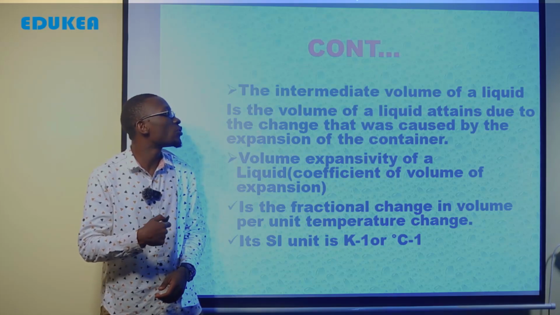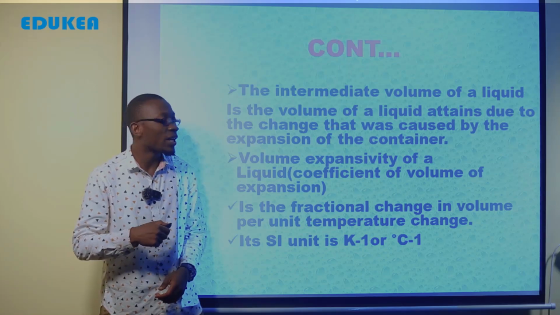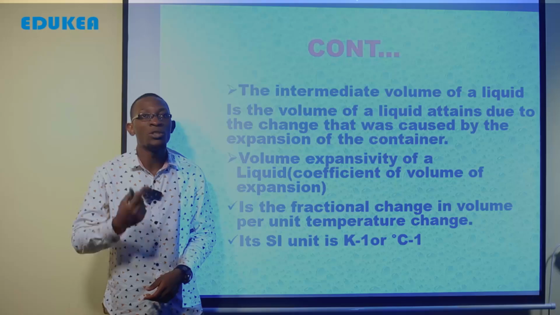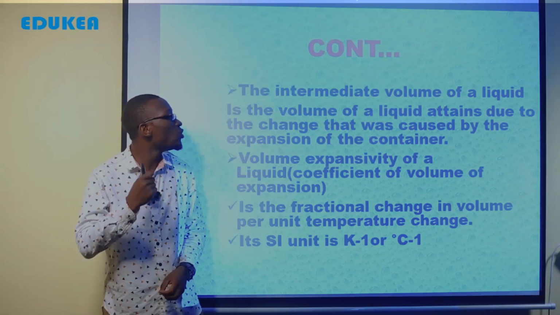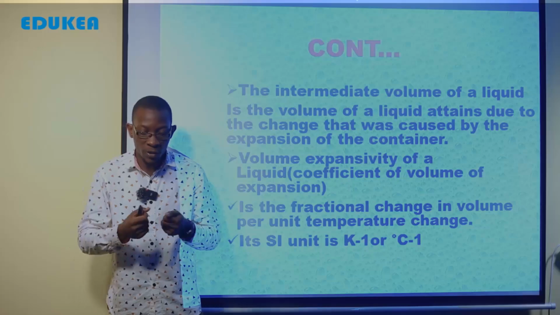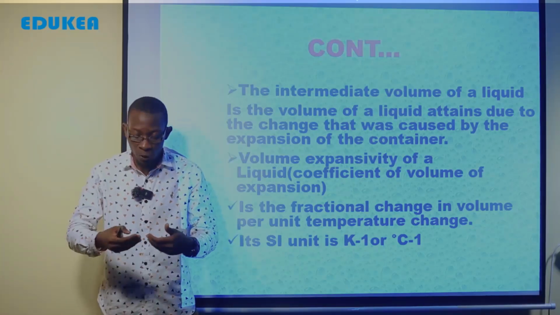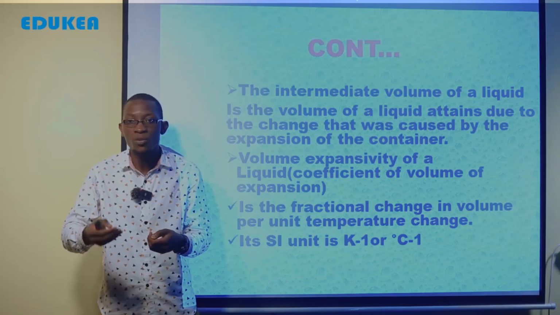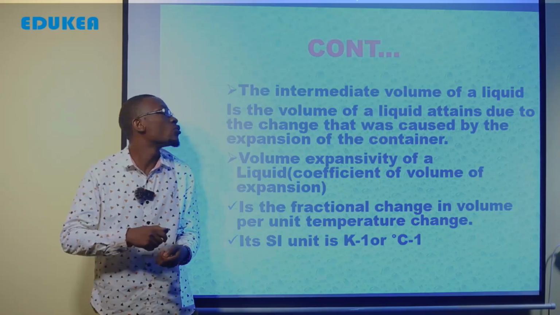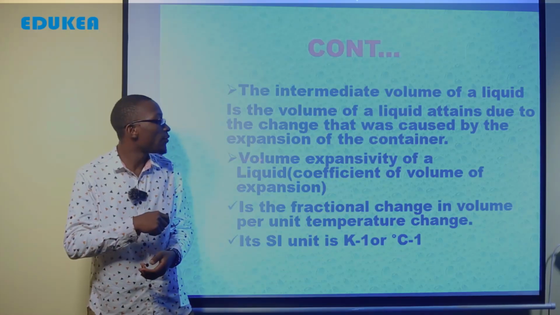Kwamba wakati tumeweka kimiminika chetu kwenye container, baada ya kuweka kwenye container ile volume inakuwa attained due to the change of the expansion of container. Wakati ile container ime-expand, maana yake ile volume itachange. So that volume that is changed due to the change of thermal expansion of the container is what we call intermediate volume.